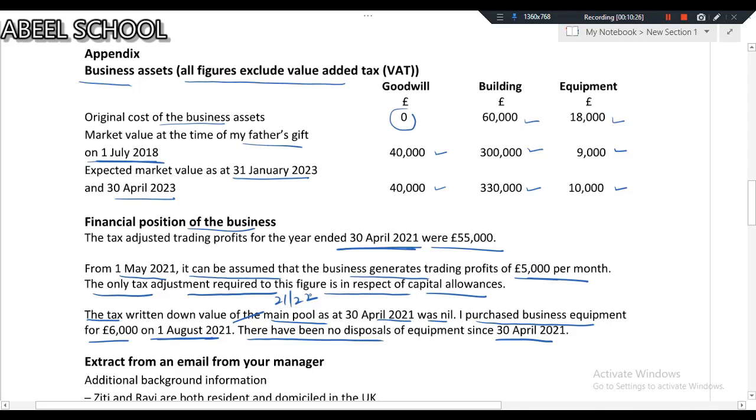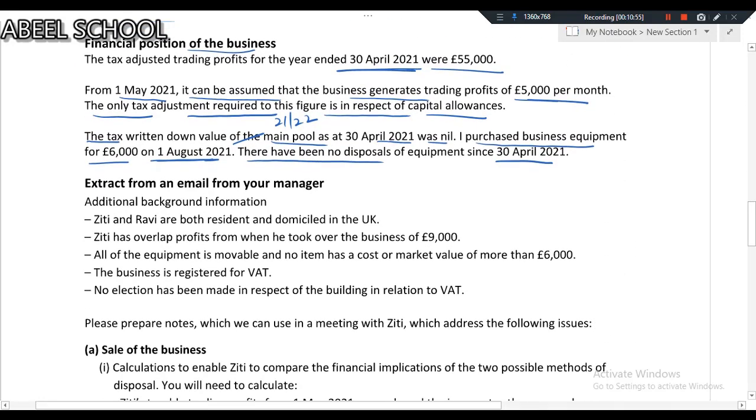In fact, in the last year, you will be getting either balancing charge or balancing allowance. If you are having balancing charge, it will increase your taxable profit. If you are having balancing allowance, it will reduce your taxable profit. But they will arise in the last year of the business. But since August 2021 falls in the tax year 21-22, and he's not selling or ceasing the business in 21-22, that is why annual investment allowance of 6,000 is available.